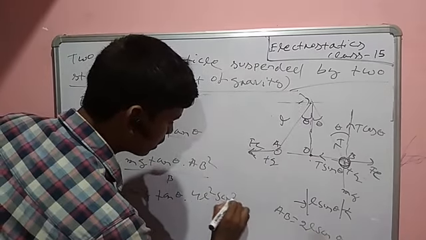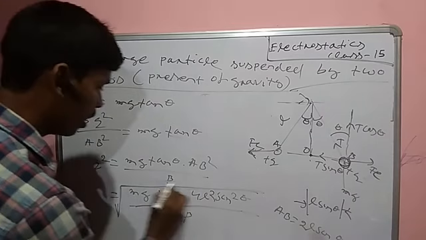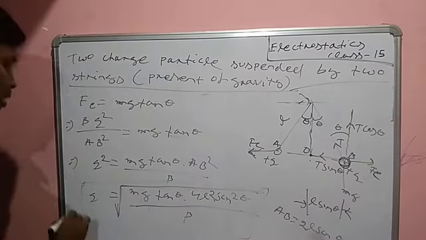Therefore q square is this, and q is the root of this. This is the expression for two charged particles suspended by two strings in the presence of gravity.